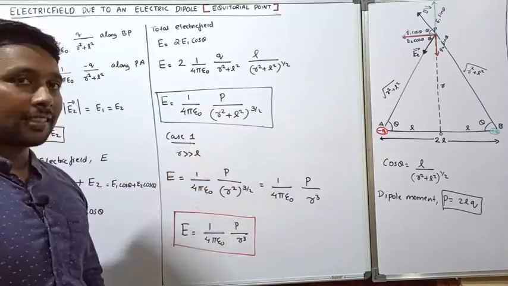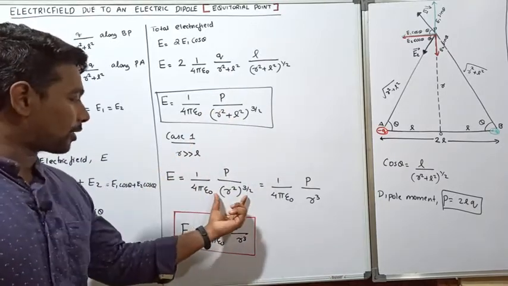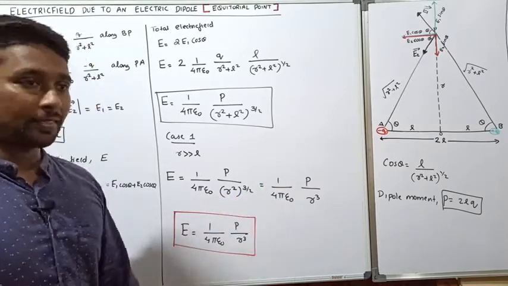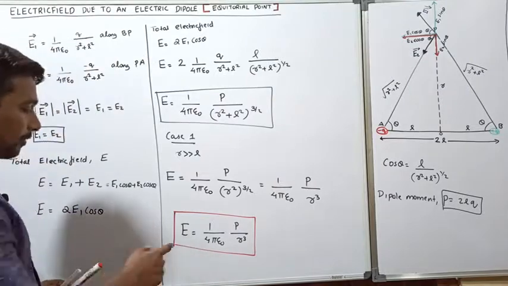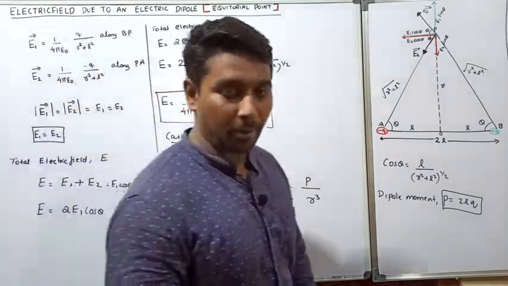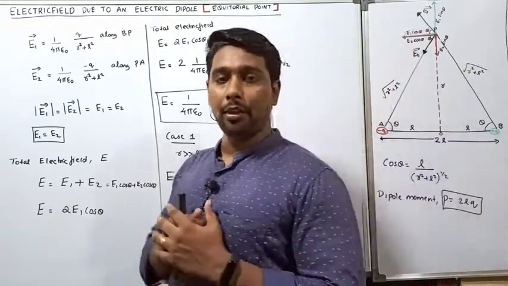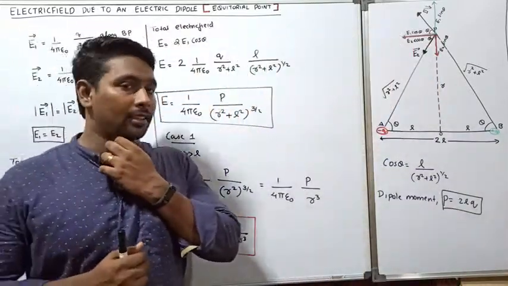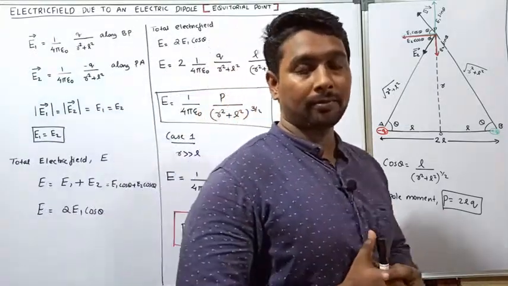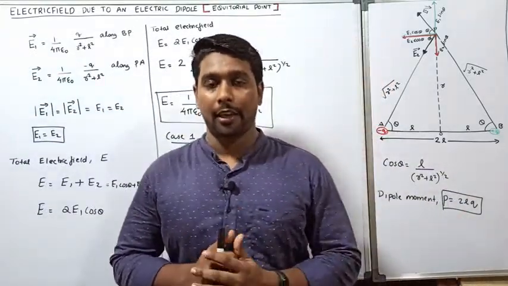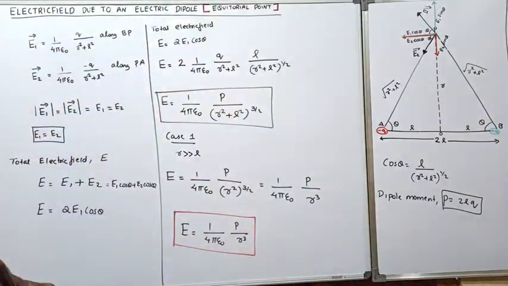And when we consider the case r very much greater than L, this becomes r square the whole raised to 3 by 2, or r cube. So this is the electric field due to an electric dipole at the equatorial point. We have proved a very important result that is the basis of the electric dipole. Carefully write it in your notebook.